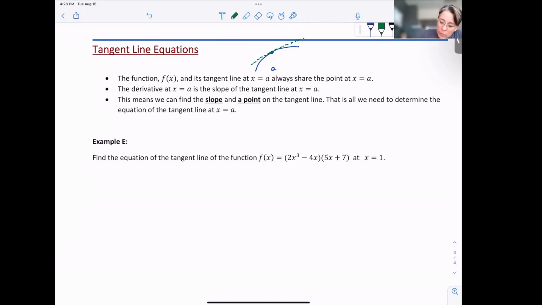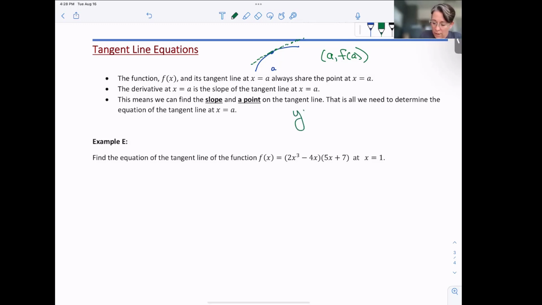So in other words, both of them will have the point a, f at a. Also, the derivative at x equals a is going to be the slope of that tangent line, because that's the definition, which means we can find the slope at that point, and we have a point on that tangent line, and that's all we need to do to come up with an equation of a line.